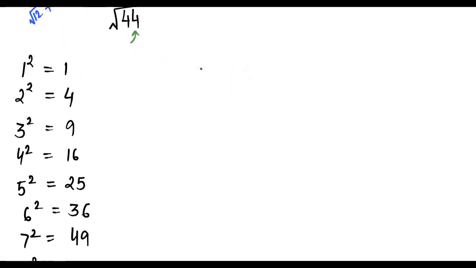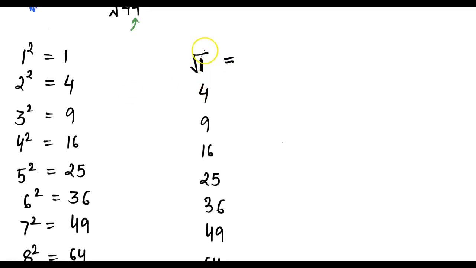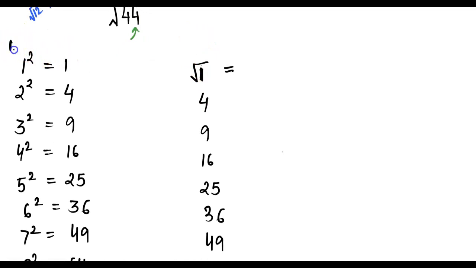Now, if I find the square root of these numbers, they are all square numbers, and we are trying to think of what the base number, the root number, was that made it. How did we get the square number?